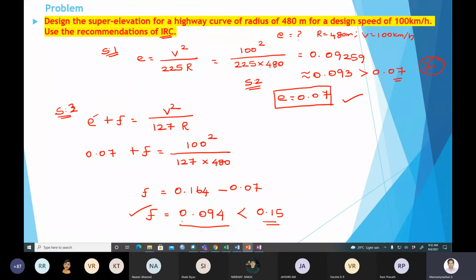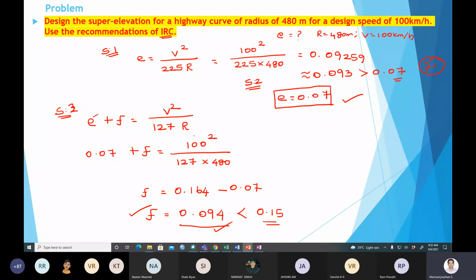Finally, you are getting the F value of 0.094, which is less than the maximum permissible value of 0.15. So this is the acceptable value and the acceptable design standard for the given problem. So this is another way to estimate the super elevation.